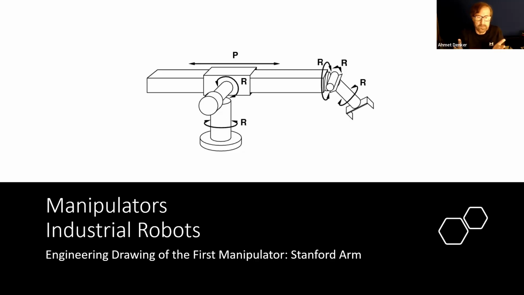Because I can put in joints like prismatic joints, which do not exist in the human body. So, of course, the first designers of robot arms or manipulators took the model of the human arm as the starting point, but they added some additional capabilities to it.